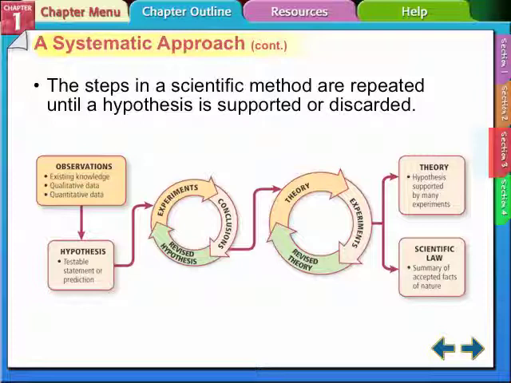The idea is you want to have a conclusion that is consistent. Every time I perform experiment A, I get conclusion B. That's what you want. The more that you're able to do that, the more it allows you to then move over into the other circle, which is developing the theory.